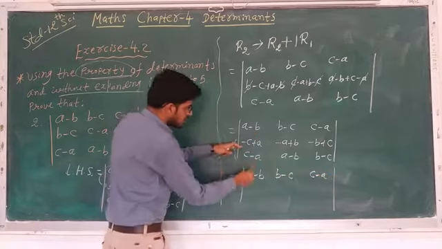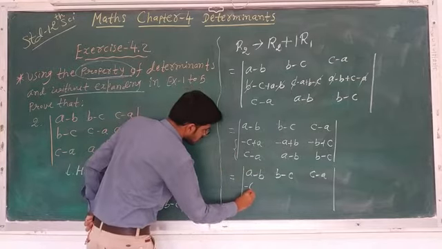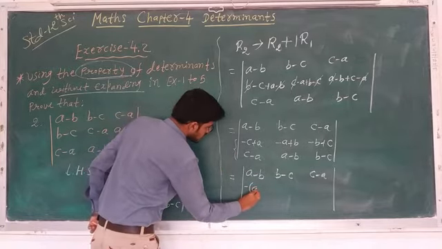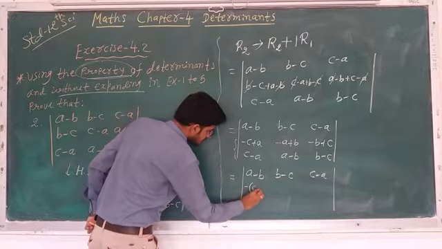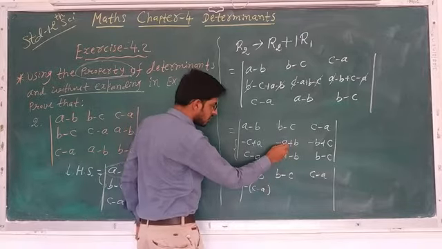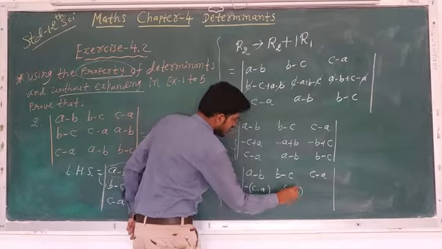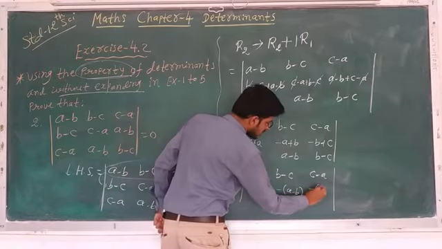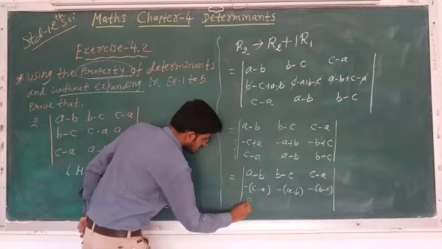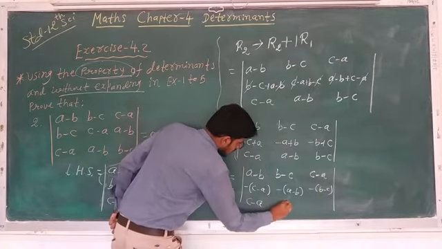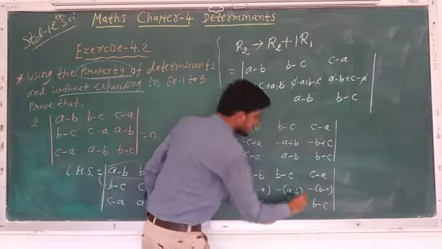Now taking minus 1 common, in brackets c minus a, a minus b, b minus c. Third row as it is: c minus a, a minus b, b minus c.